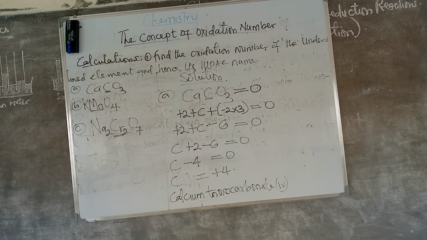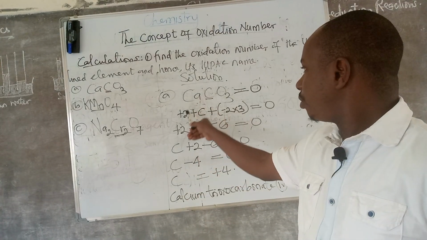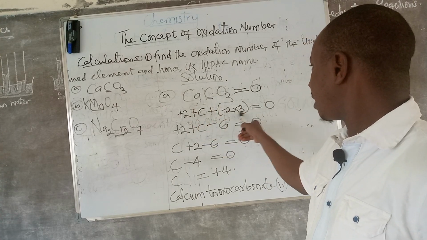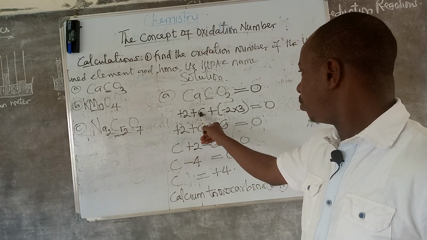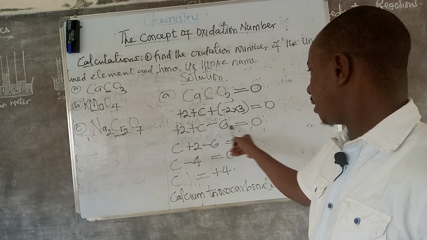That is why I multiply -2 times 3. If you check it very well, you see that calcium +2, carbon, oxygen is -2 times 3, equal to 0. So +2 plus C, -2 times 3 is -6, equal to 0.